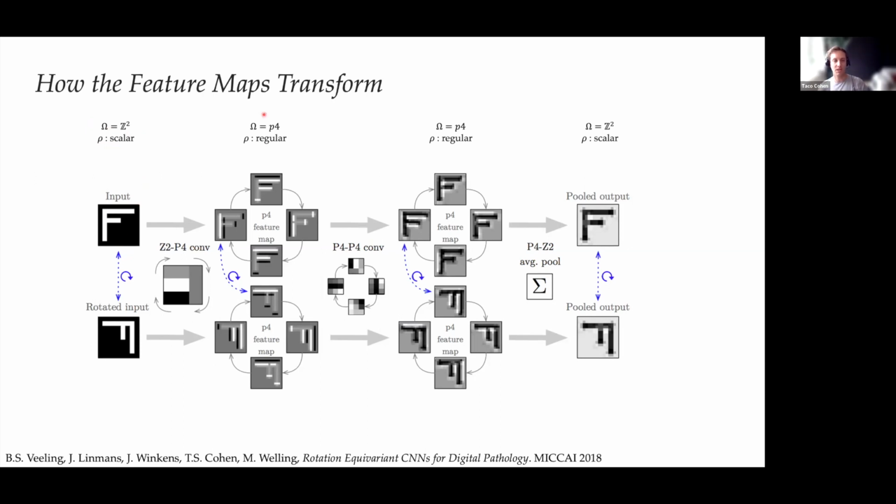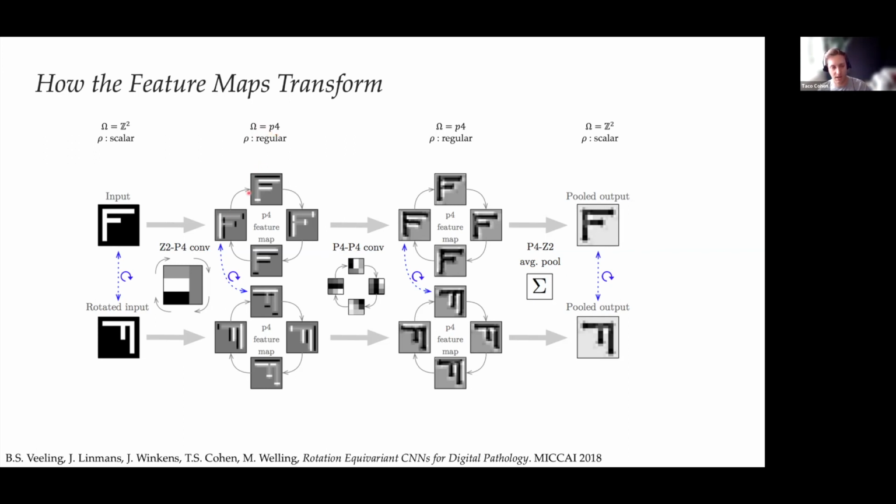And then for the first layer and also higher layers, the way we can think about this is that our domain, omega, now becomes the group. In this case, the group is called P4. That's the group of integer translations, discrete translations, and rotations by multiples of 90 degrees.